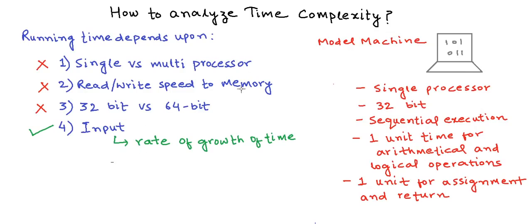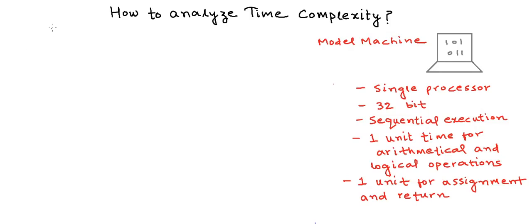And I will clear this a little bit. Let's say we want to write a program to find the sum of two numbers a and b. So I will write a function here that will take two integers a and b and simply return a plus b. And I'm only writing a pseudocode here.